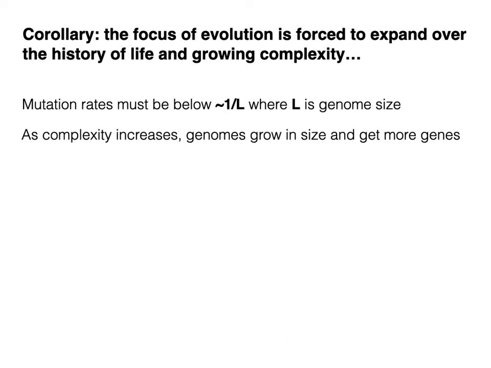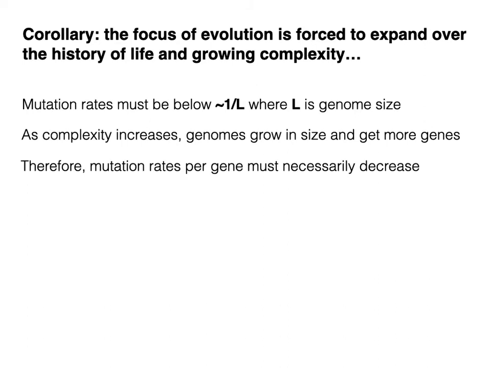Now let's consider what happens to genomes as life evolves and complexity increases. What happens, of course, is that genomes grow in size and get more genes. Because of the 1 over L threshold on mutation rate, as genomes get more genes, this means that the mutation rate per gene must necessarily decrease, assuming gene sizes stay roughly the same.